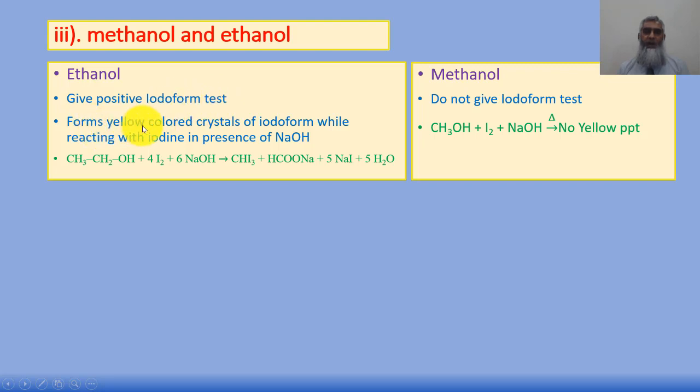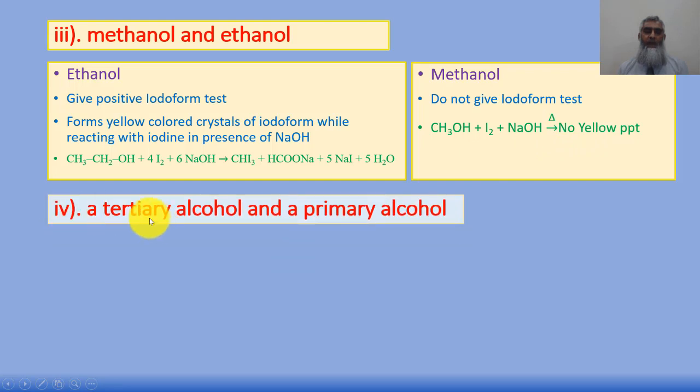Ethanol forms yellow colored crystals of iodoform while reacting with iodine in presence of sodium hydroxide. This produces yellow crystals of triiodomethane or iodoform, which shows that the given alcohol is ethanol. Methanol does not give the iodoform test, so no yellow precipitates will be formed even on heating.